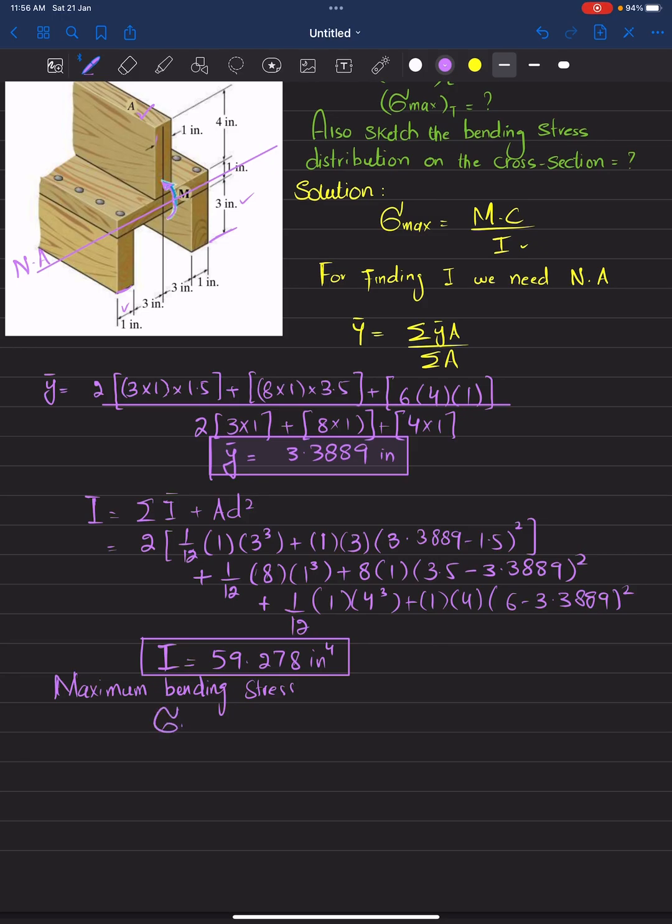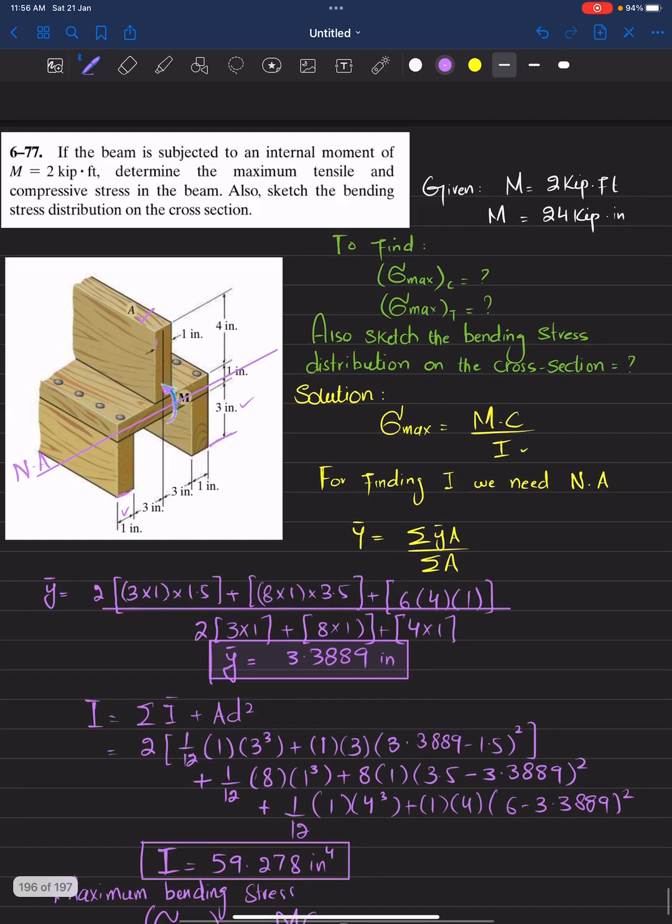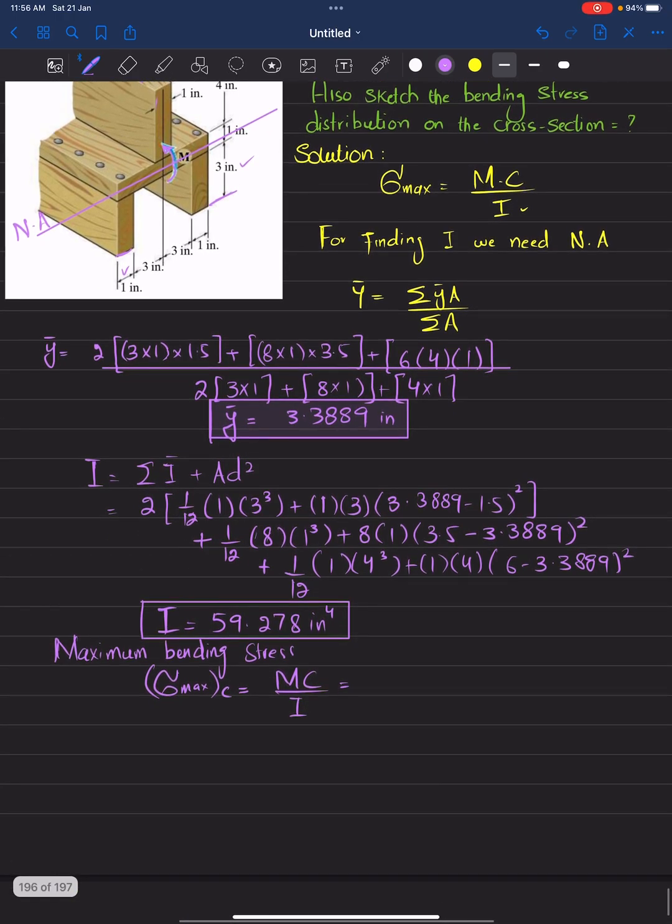So the maximum stress, that is compressive, is equal to M into C divided by I. Sorry, the moment is given. The moment is 24 kips into inch. So the maximum stress is 24 into C.